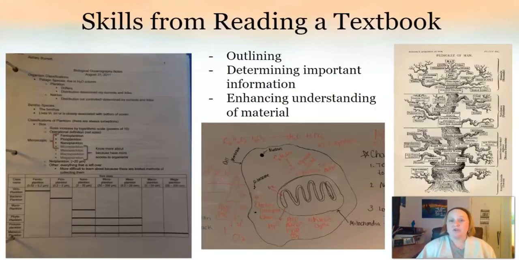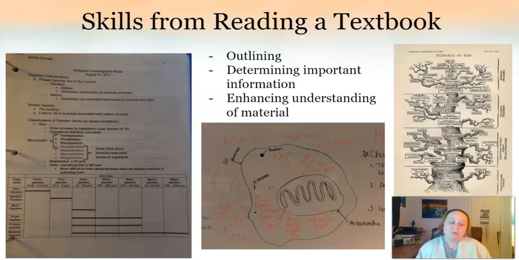So, using the textbook as a resource is very important for students. This allows them to be able to take information and then process and record important information and new concepts. They will also be able to take multiple angles of understanding and be able to use the textbook.